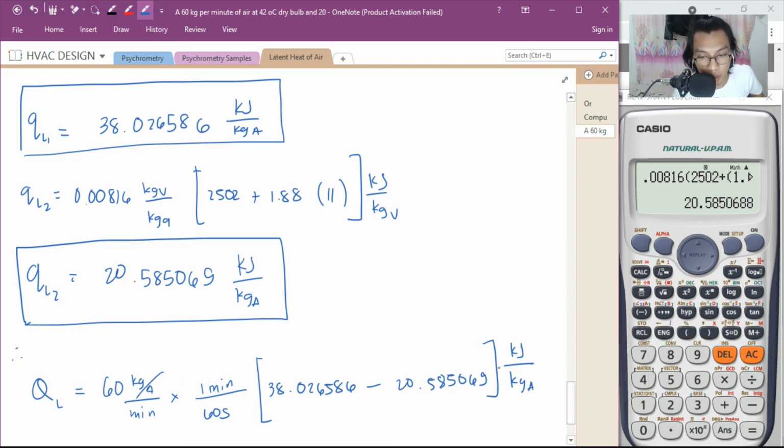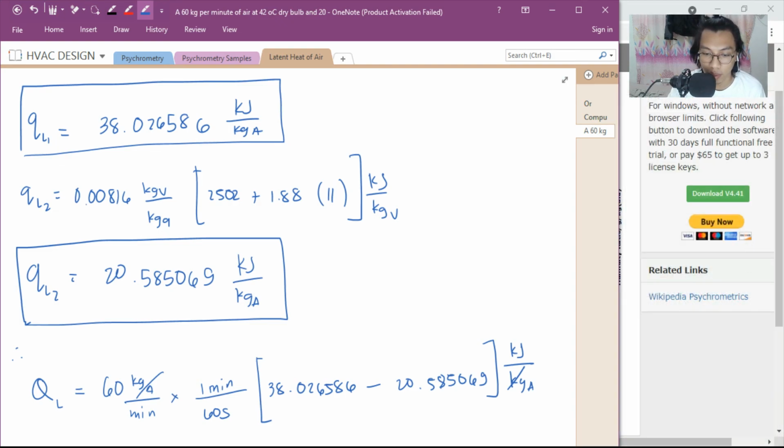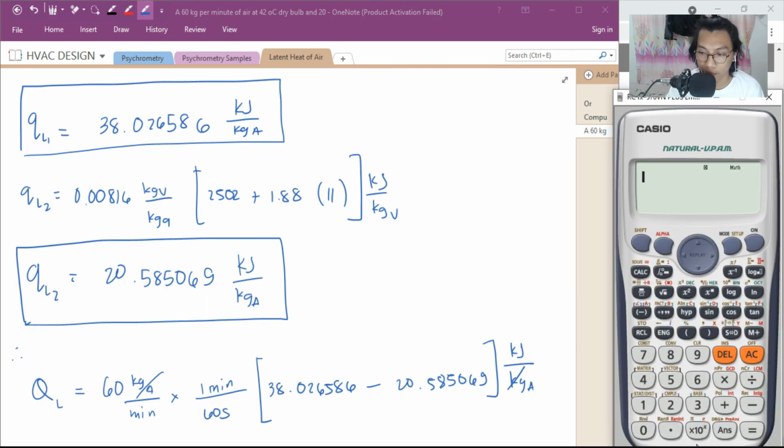Cancel to, cancel to. So, ang lalabas dyan, dapat kilowatts. Kilojoule per second eh. Kilowatts na rin yan. So, 60 divided by 60, 1 na lang yun.